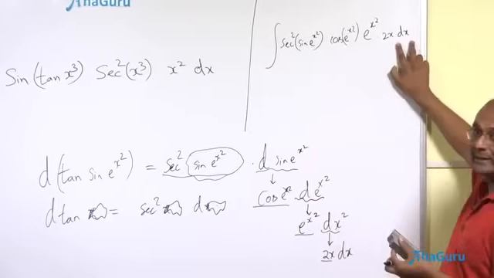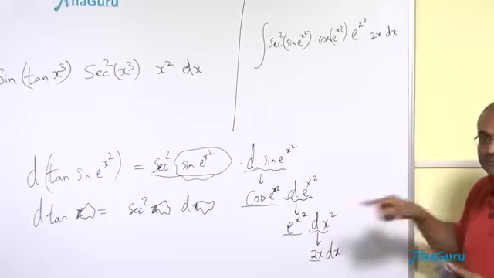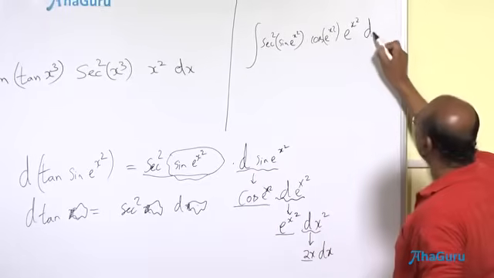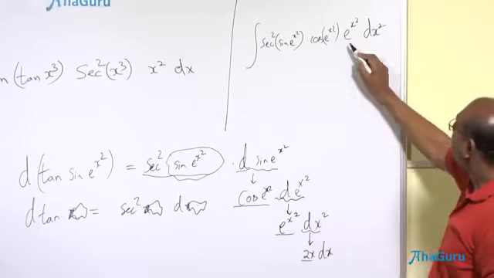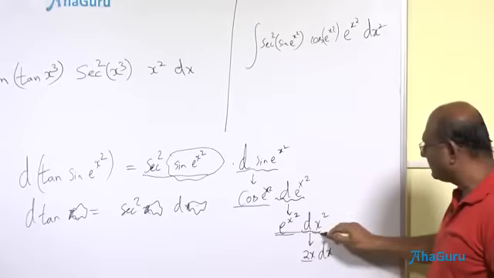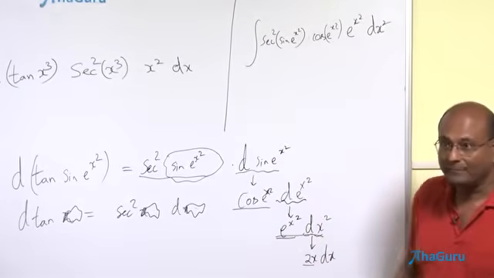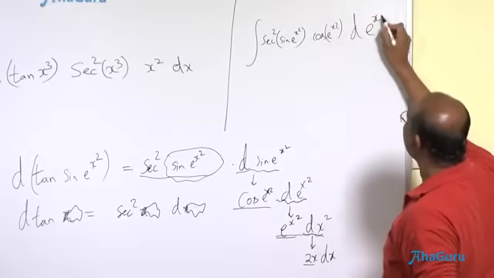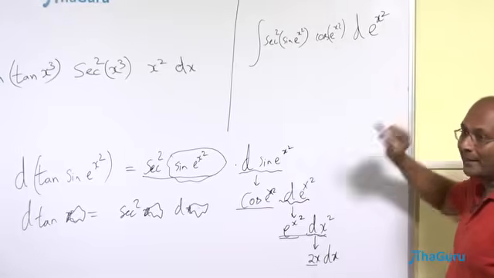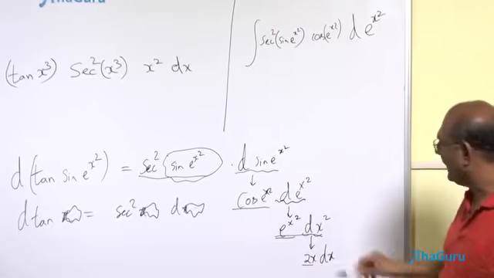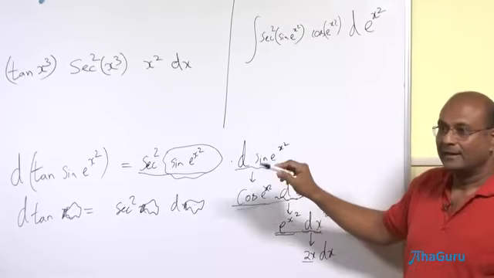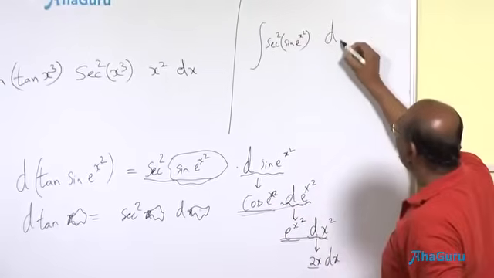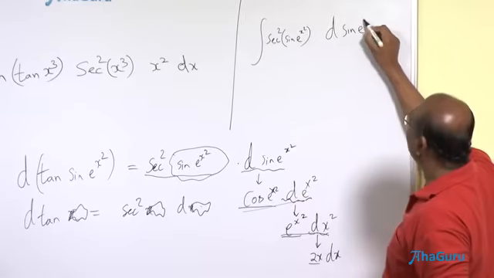Take the 2x, put it inside the dx, it becomes dx square. E power x square dx square becomes d of e power x square. Cos of e power x square d e power x square becomes d of sine of e power x square.